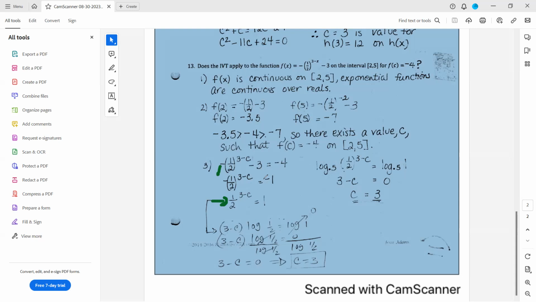But the reason you're checking it is because just because this came out doesn't guarantee that it's a solution to this. Okay, so you have to check that result. It doesn't affect the IVT, that's an algebra thing. What you're doing right now doesn't change the calculus at all. What you're establishing is that algebraically there is an answer.